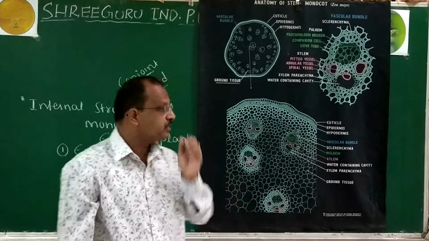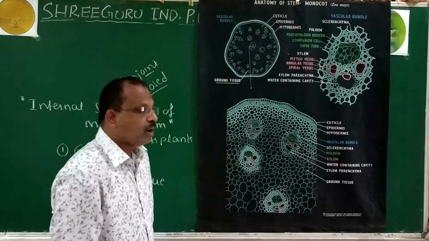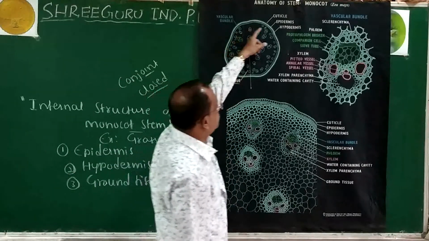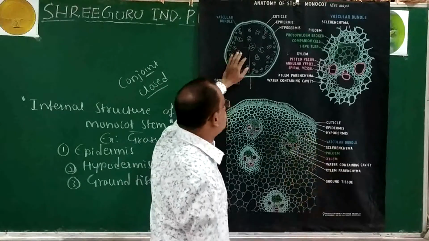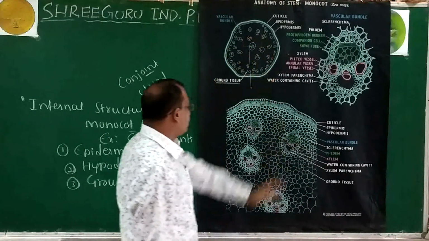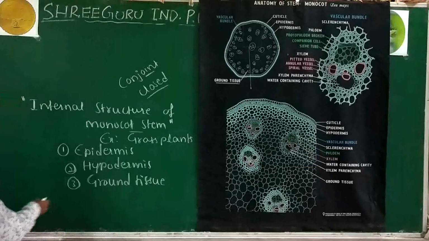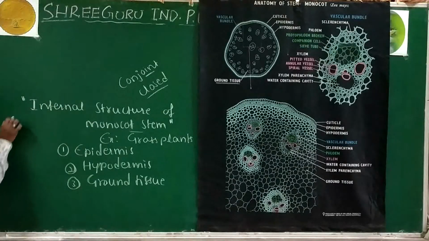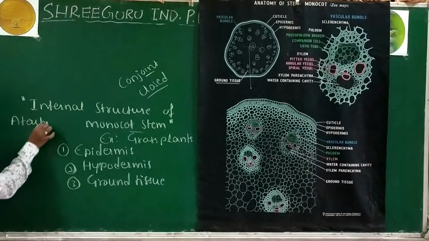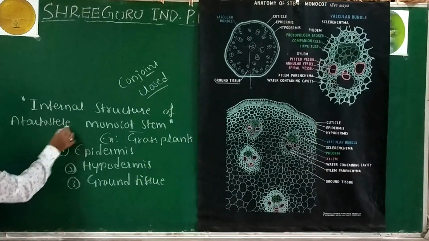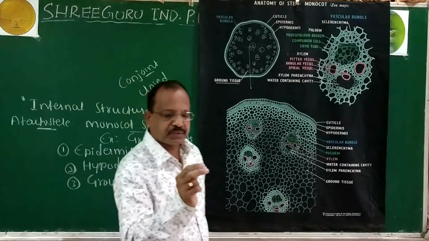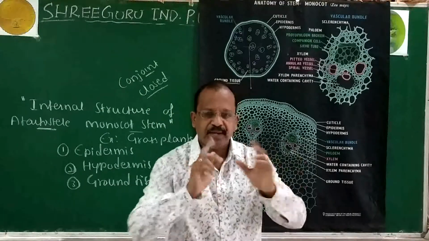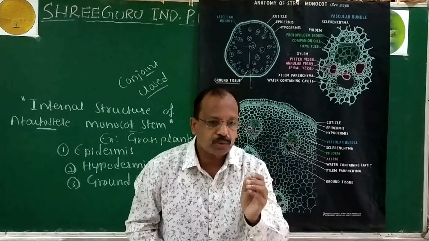But here, vascular bundles are scattered irregularly all over the ground tissue.